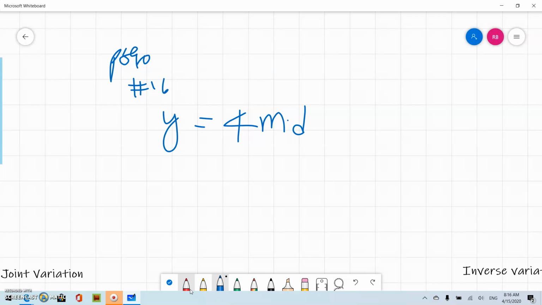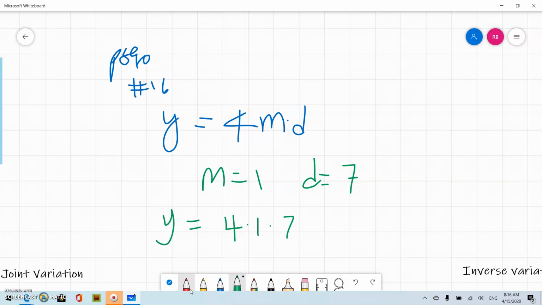So for example, my household is just me, right? So M is 1 because there is only me and no other person, although I don't watch TV. And then it's asking for a week's worth of hours. So D is equal to 7 because there are 7 days in a week. So it's 4 times 1 times 7. So I can say on average, I'm watching 28 hours of TV in a week.